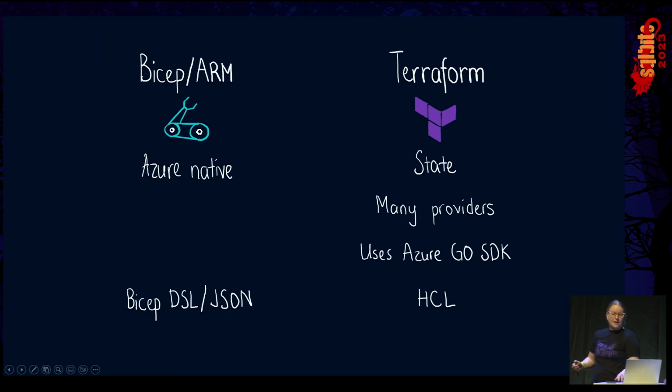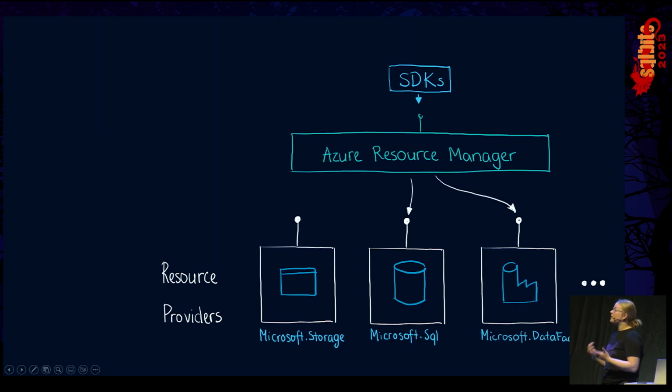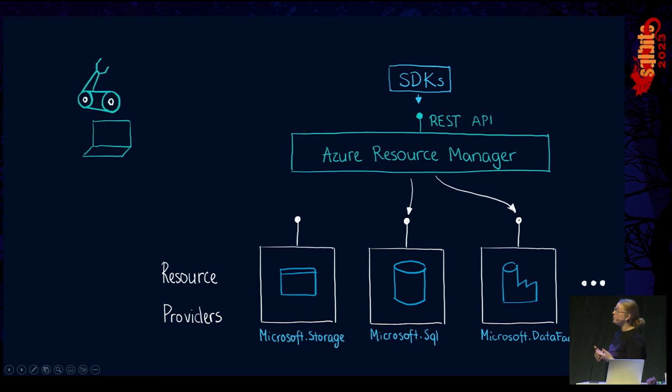So if we go back to this picture of what's happening behind the scenes, based on the information we just went through, if we work with Bicep, we have somebody with a laptop who starts to create Bicep files. You need to have Bicep installed on your machine. Then you can use either Azure CLI or PowerShell to do the actual deployments. That's also what you will need.